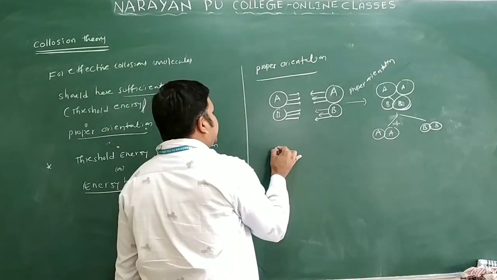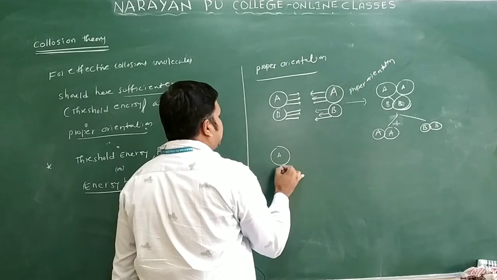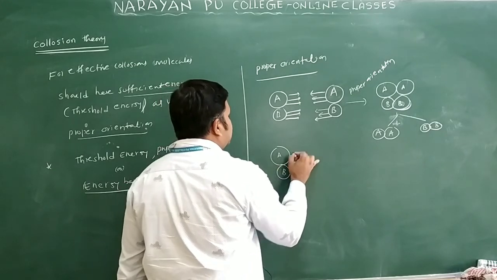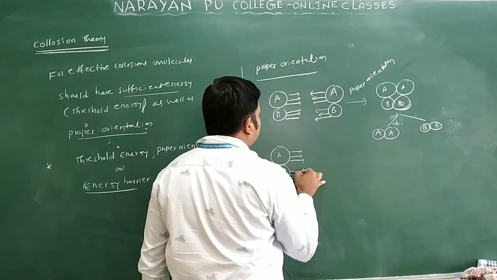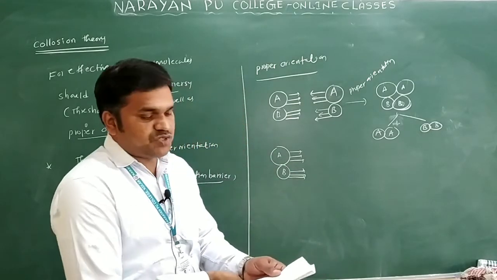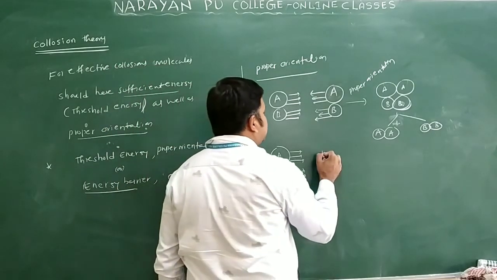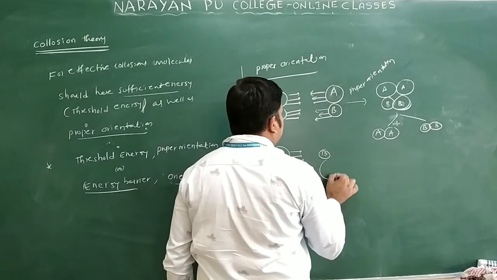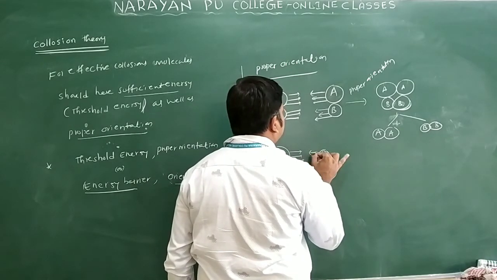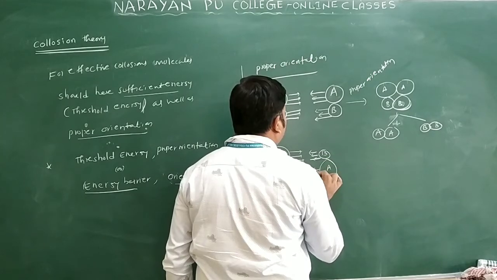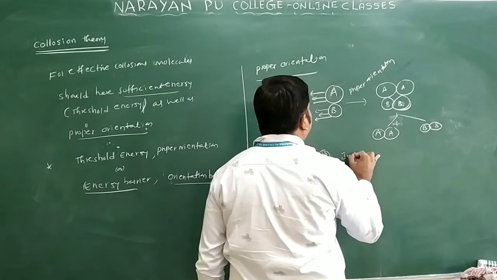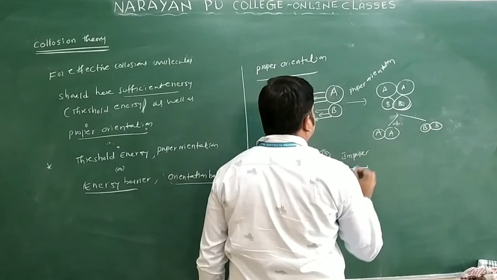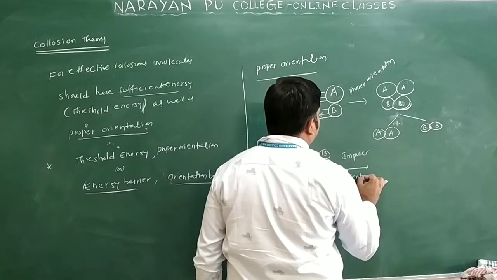So let us take the same example here. A is there, and here what we have? B is there. Suppose A and B undergo some improper orientation. Just I will change the position of B like this, and I will write A here. So this is improper orientation.